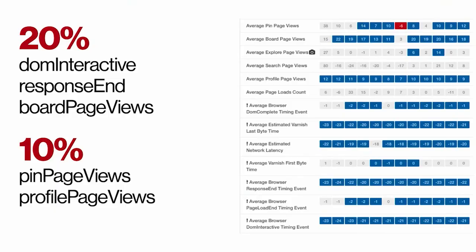So Pinterest Profiles was the very first user-heavy page that we successfully converted to React, and we've seen consistent performance and engagement improvements. For example, metrics such as DOM interactive and response end were up to 20%, and engagement metrics were up 10% and more.